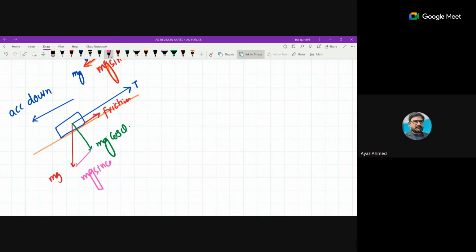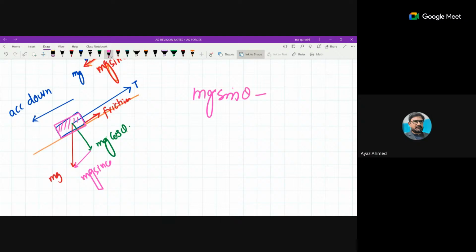So if it is accelerating downward for this block, what is the driving force then? Your mg sine theta is the driving force.